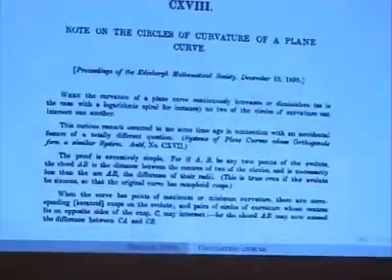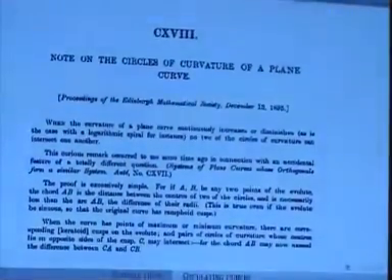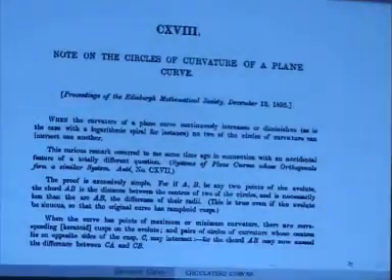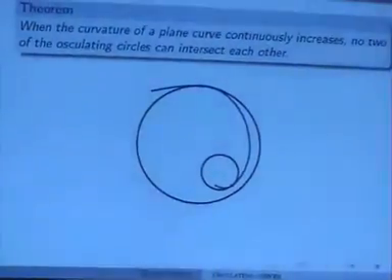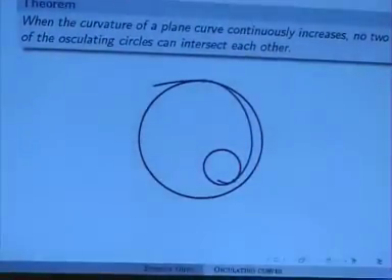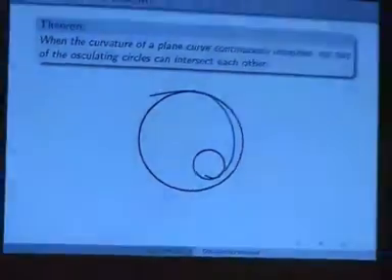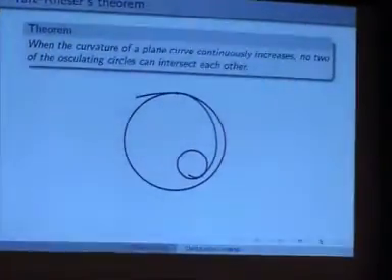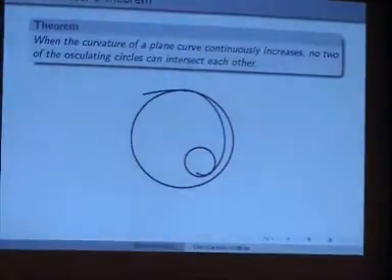So this is the paper of Tate, the oldest paper I know on the subject, giving the proof of the theorem. Here's the statement. You take a piece of curve, a blue curve, and you assume that on this curve, the curvature is monotonic.